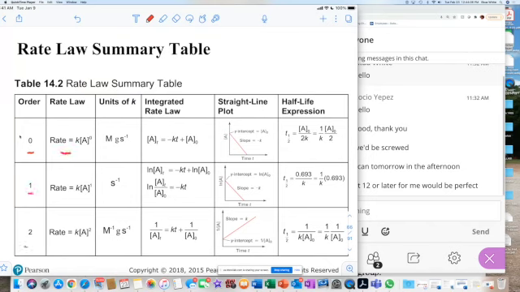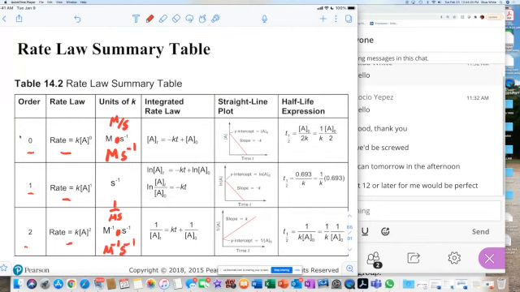They give the generic rate law, the units. This is supposed to be multiplied, so it's supposed to be M s to the power negative 1. This is the same thing as M over s. And this is supposed to be multiplied here. This is 1 over M s, or M negative 1, s negative 1.